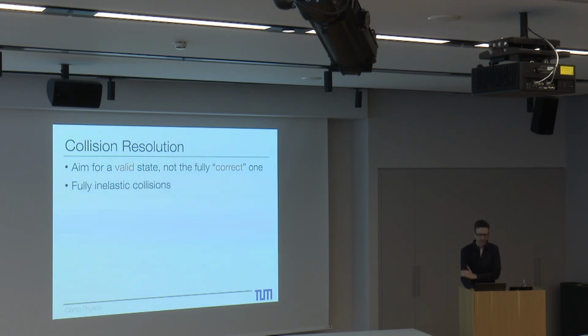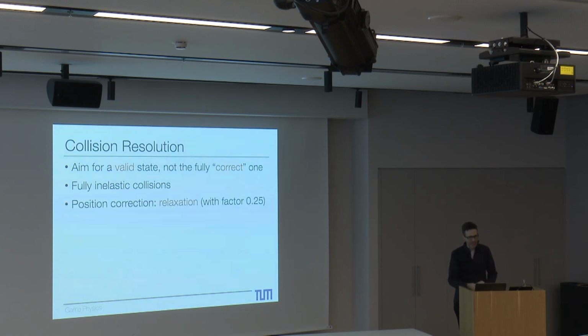What turned out to be important is to have inelastic collisions. So unlike rigid bodies where things bounce back, for cloth it's typically too bouncy anyway, and the collisions should happen inelastically. We just want to push things out, but not really fly out of each other. Cloth is typically quite soft and does not bounce as much.